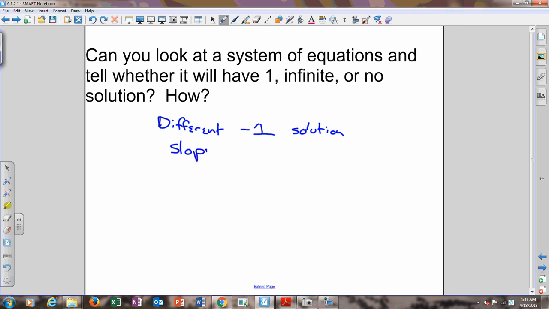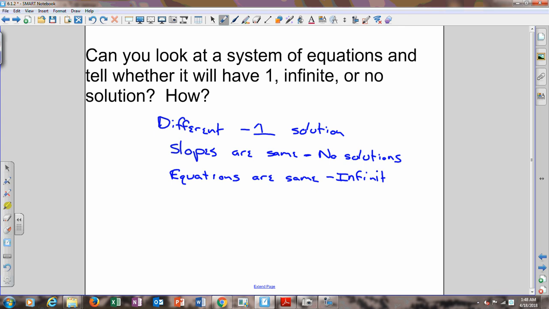If the slopes are the same, it's no solutions. And if the equations are exactly the same, it's infinite solutions. That's really it.